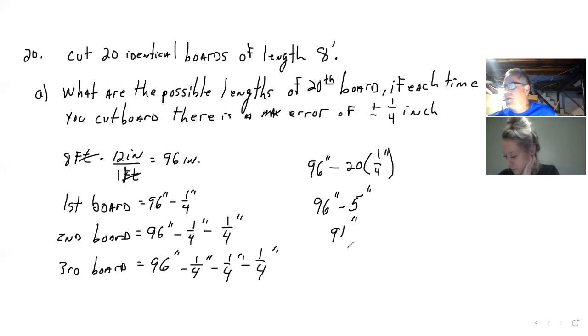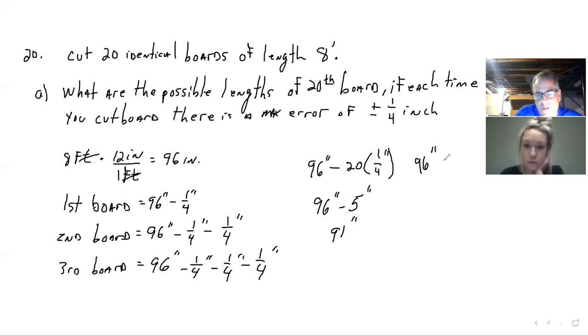All right. So if we use the same exact process, without having to write all this again, but adding 1/4, then this board would be 96 inches plus 20 times positive 1/4 of an inch.